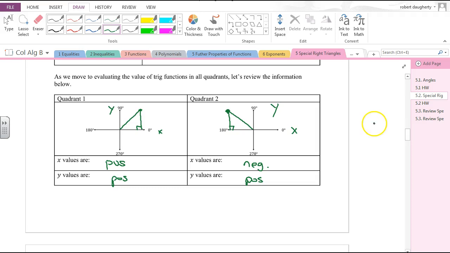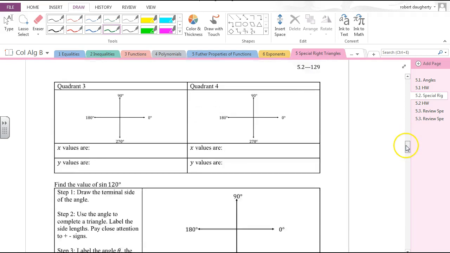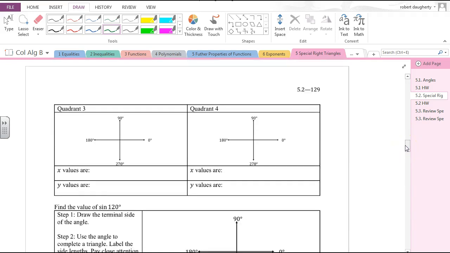Okay, let's continue on. If I have a triangle that ends up in the third quadrant, a triangle that looks like this, your right angle is always here on the x-axis. There's my x value, my y value. If I'm trying to get to this point right here, in the x direction, do I travel positive or negative? To go from here to here, I go negative in the x direction.